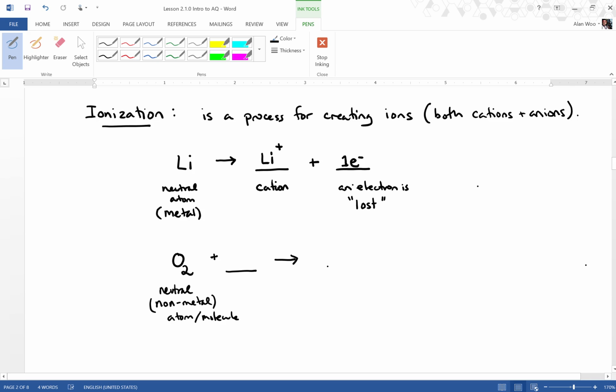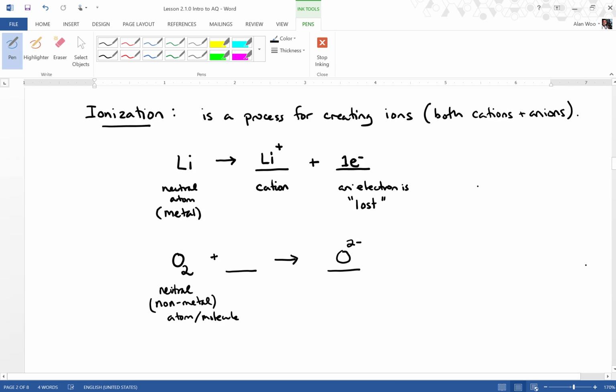if I told you that you are going to create an ion, and that ion has a 2 negative charge, like that, what would you have to put into the blank?